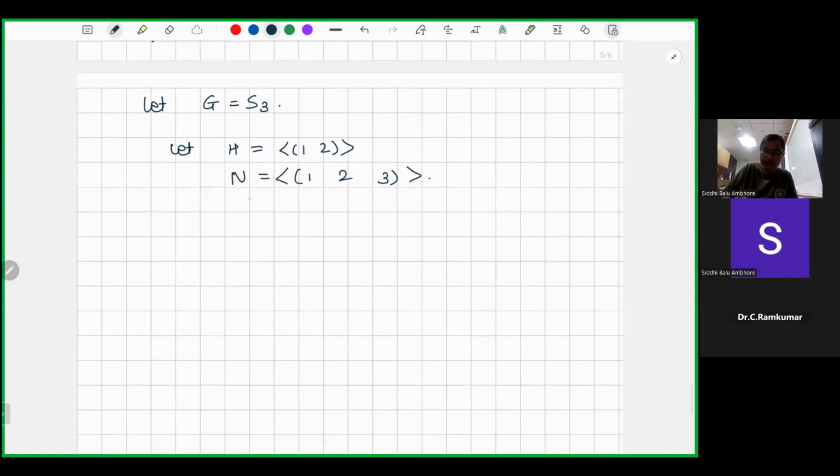Okay, and you can see that this group is the identity, (1 2 3) and (1 3 2). You can check this.